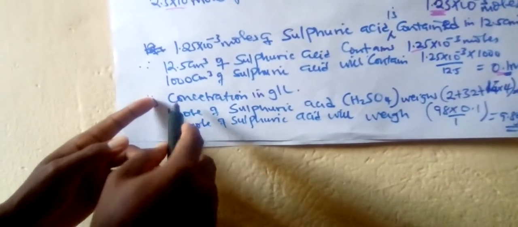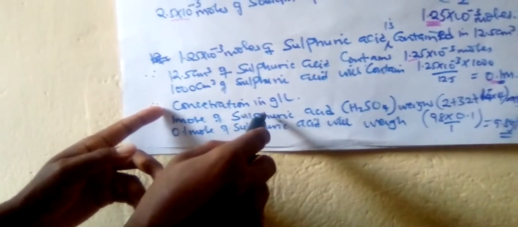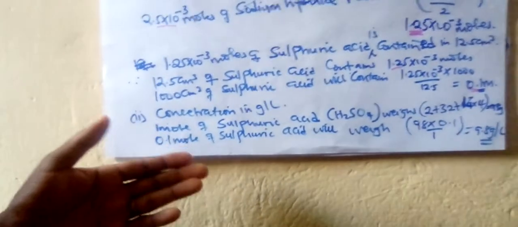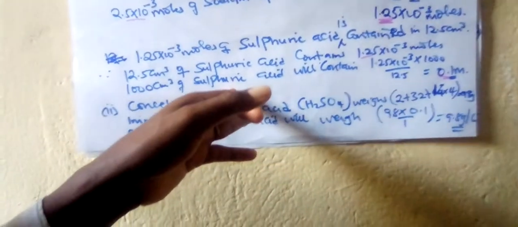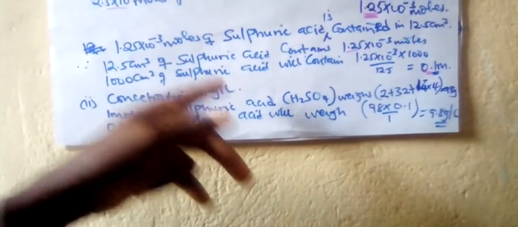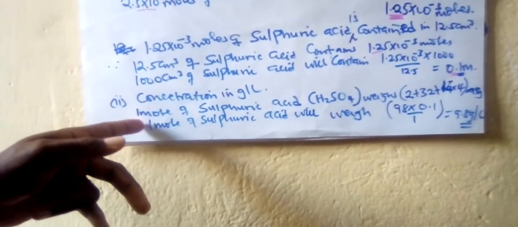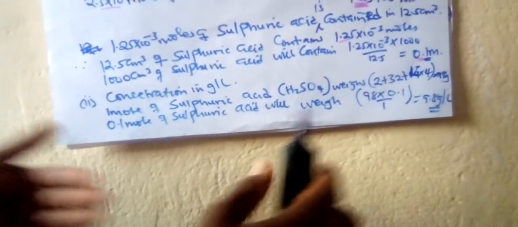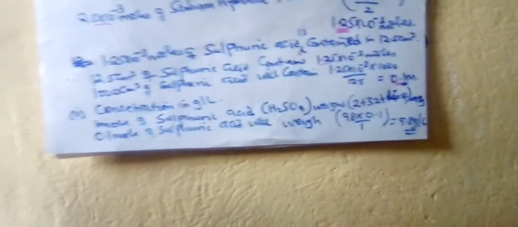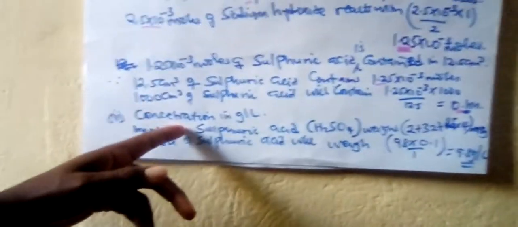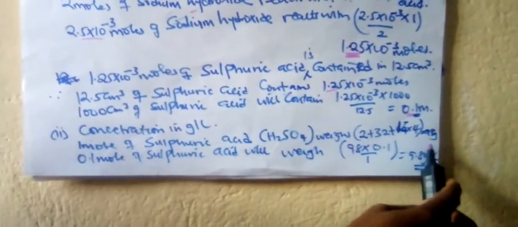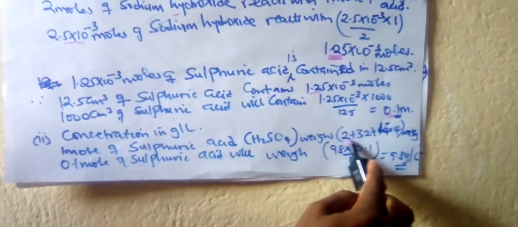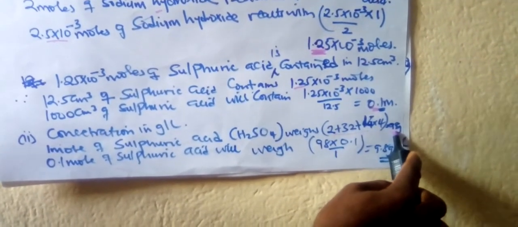Then the other question wanted us to get the concentration of sulfuric acid in grams per liter. Since we want grams per liter, the mass we are going to get must be equivalent to the molarity. So we say 1 mole of sulfuric acid weighs, you get the molar weight, which is 98.